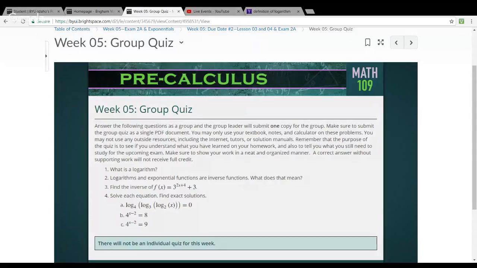So let's see. 4 to the x minus 2 equals 9. That would be interesting. So we'll have to add something to both sides that will make them equal.